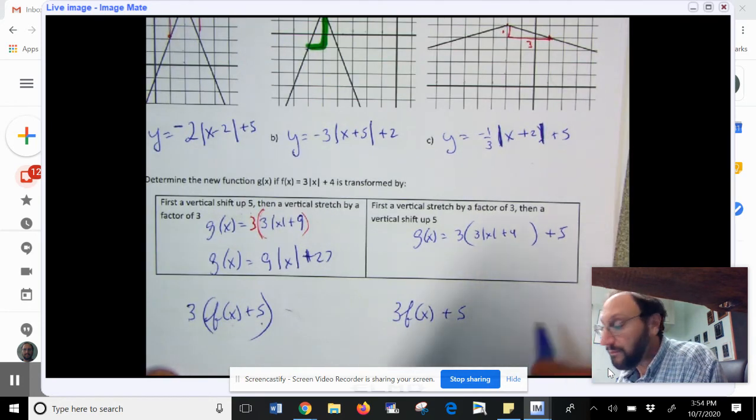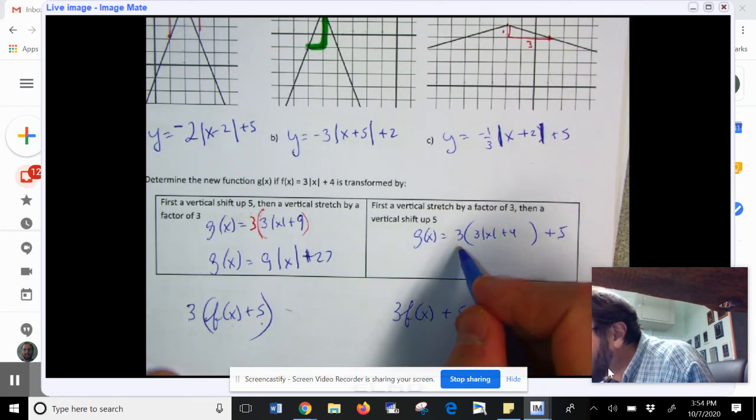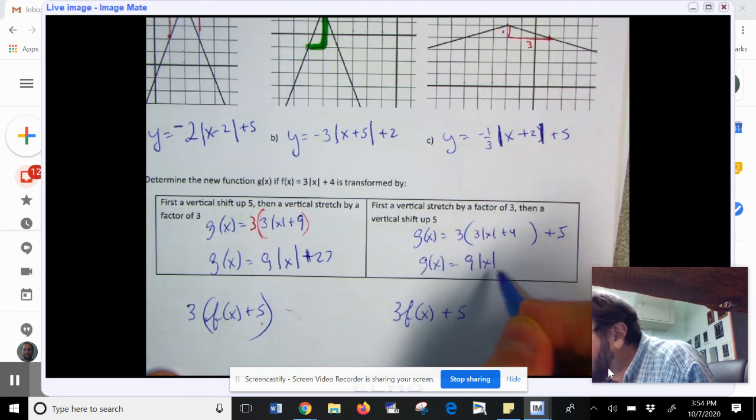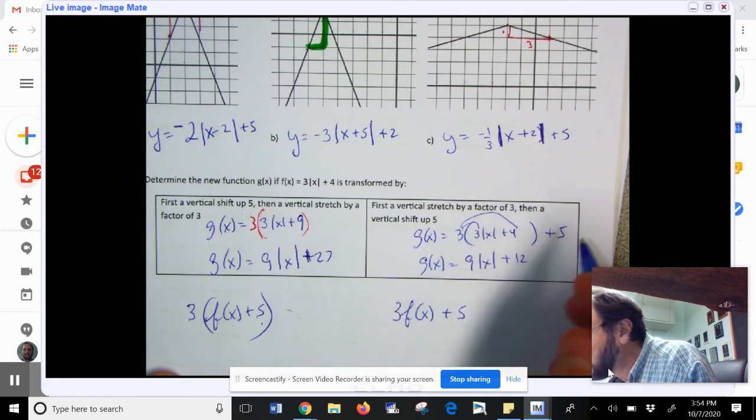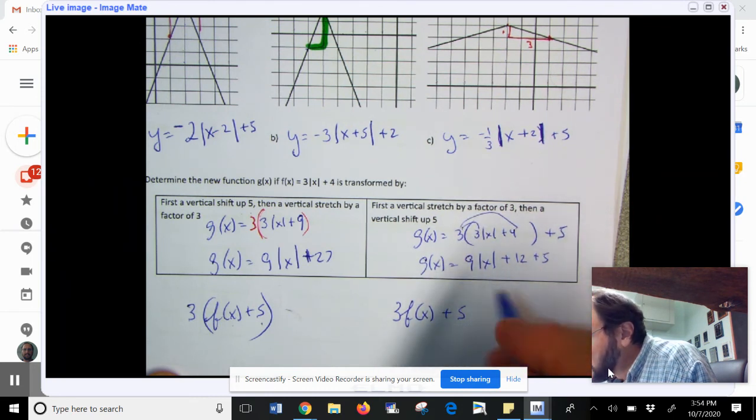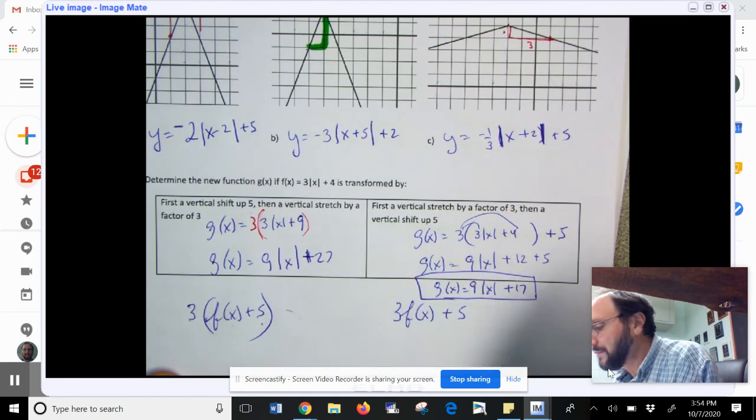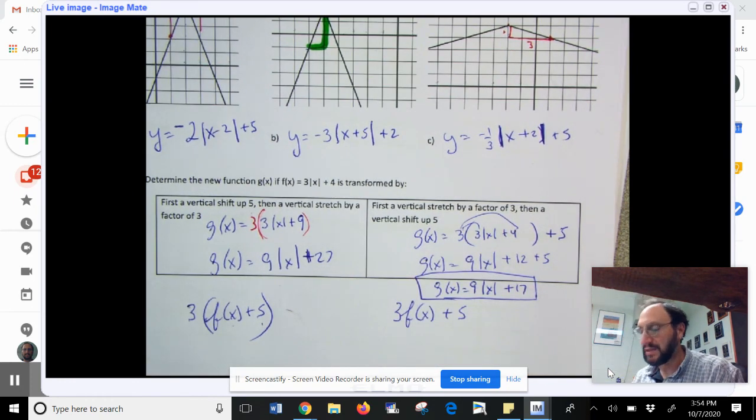So we're going to end up with 3 times this thing, which will be 9 absolute value of x plus 12. That would be the distribution, plus 5. So actually, we should probably write our final answer as 9 times the absolute value of x plus 17.